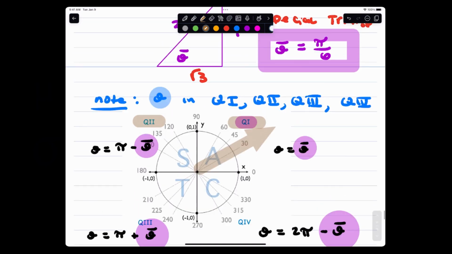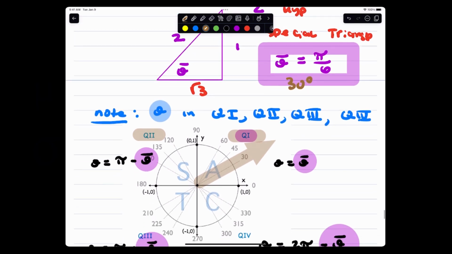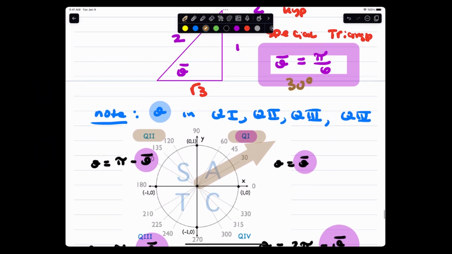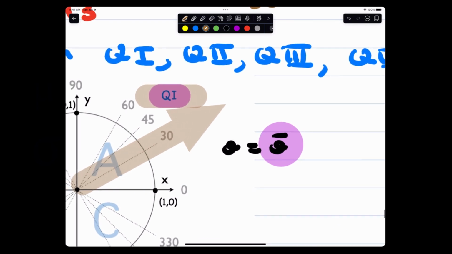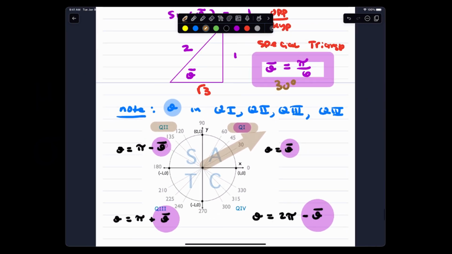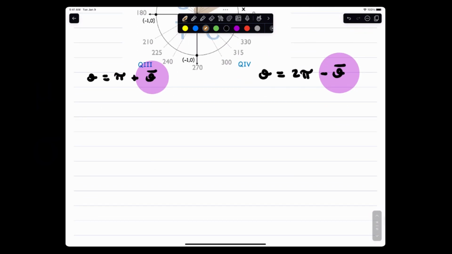Was it 30 degrees again? See that there? 30 degrees, because that's what the reference angle is. In quadrant 1, the angle is the reference angle, so that's 30 degrees. So far, your first solution, pi over 6, which is 30 degrees.